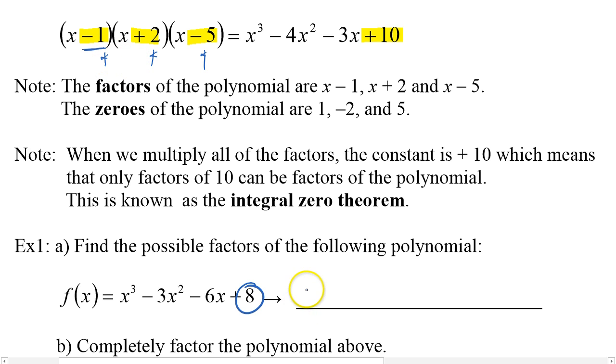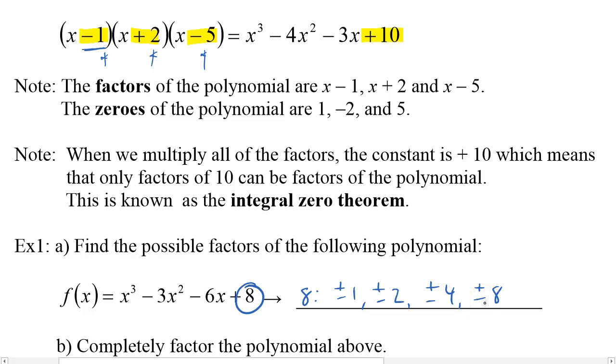So what are the factors of 8? The factors of 8 are plus or minus 1, plus or minus 2, not 3, but plus or minus 4, and then all the way up to plus or minus 8. Okay, so we've reduced it from an infinite number of possibilities to 8 possibilities.